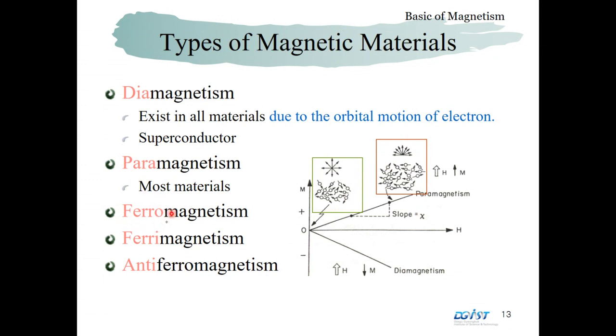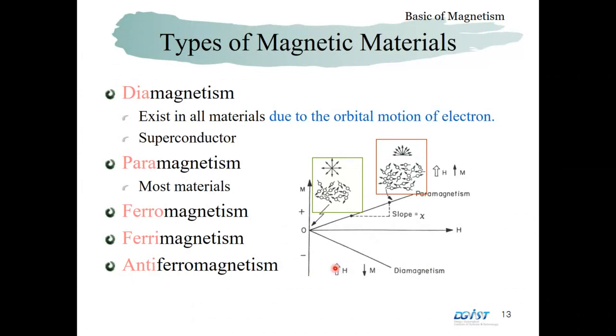And ferromagnetism, which we will learn for the next 2 or 3 classes, is a very unique feature in solid state in many senses. And if you understand what ferromagnetism is, you can easily understand the ferri and the antiferro also.